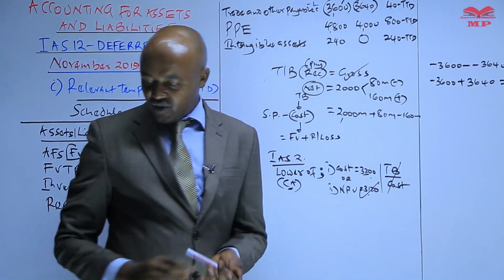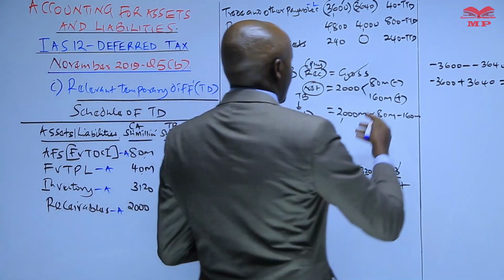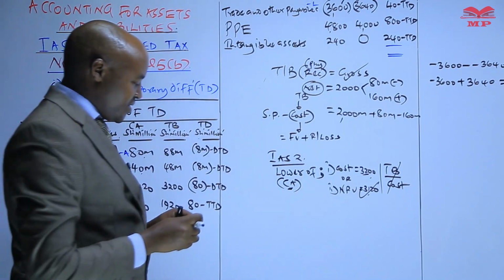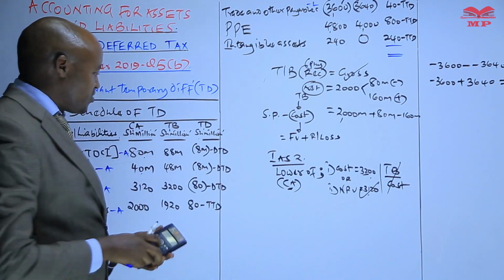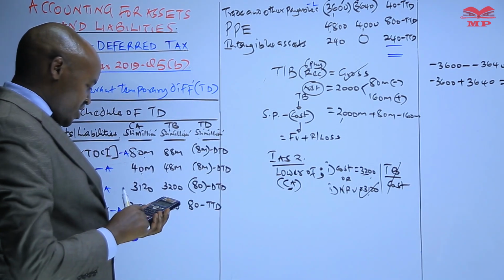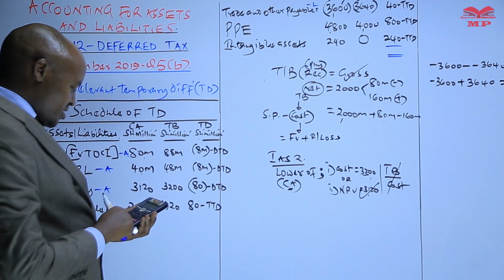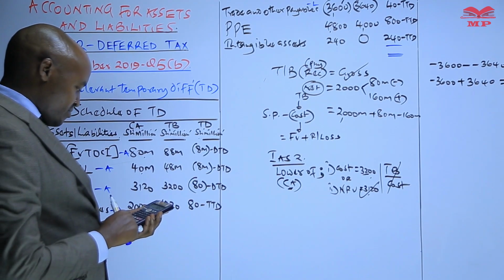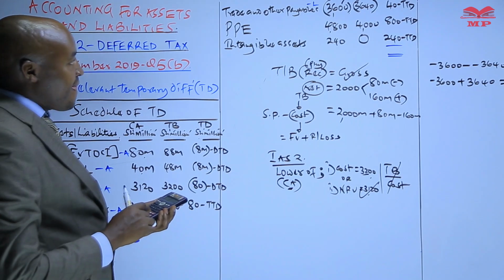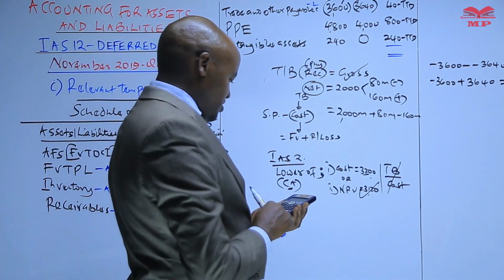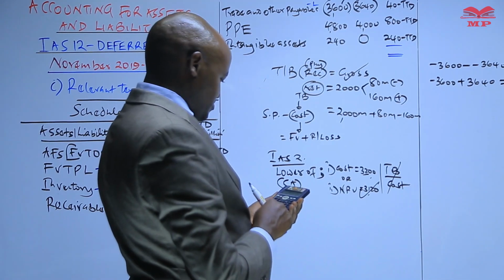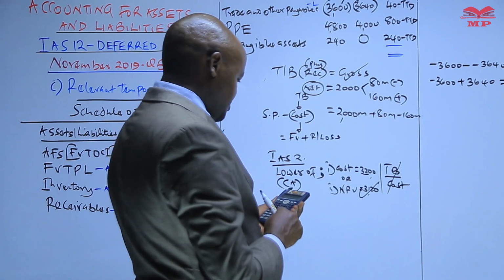So what we need to do now is to get the net amount of temporary difference. So we need to add all what we have here. We have negative 8, negative 8, negative 80, plus 80, plus 40, plus 800, plus 240.